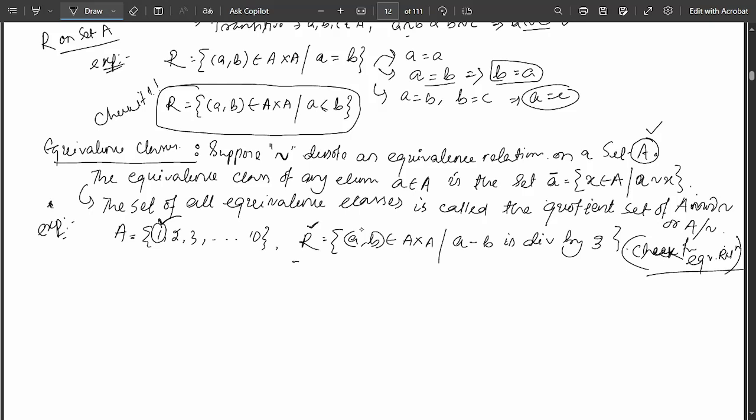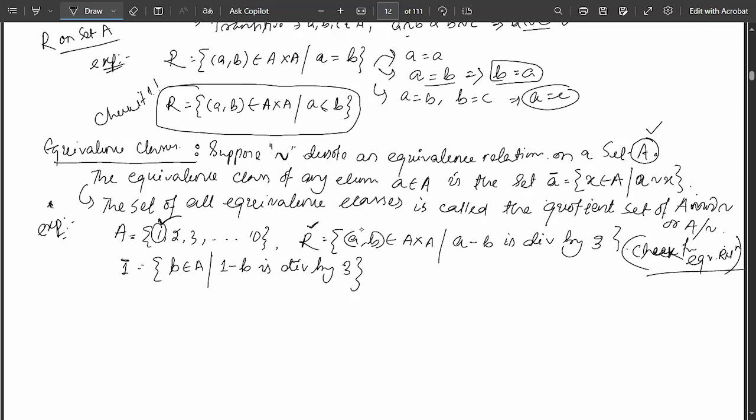For example, the equivalence class of 1 equals those b belongs to A such that 1 minus b is divisible by 3. So this is the equivalence class of 1.